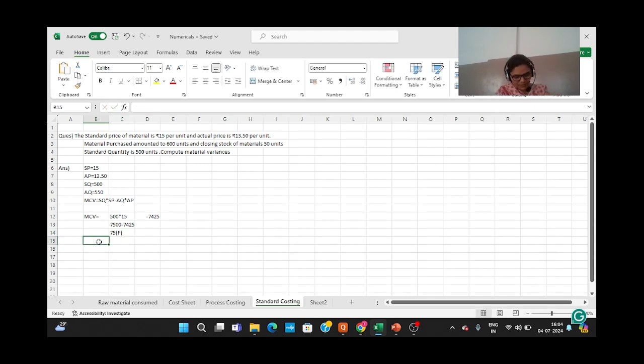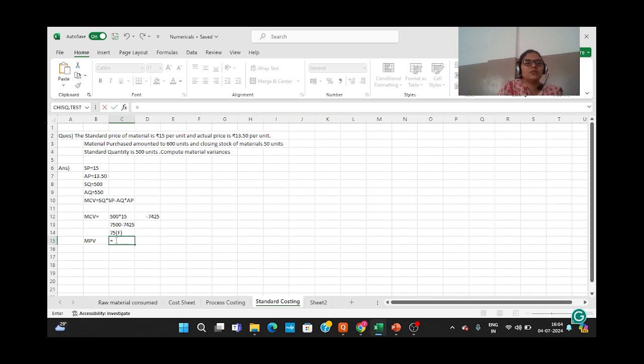Next is material price variance. What is the formula for material price variance? Let's look back. It is standard price into actual quantity minus actual price into actual quantity.